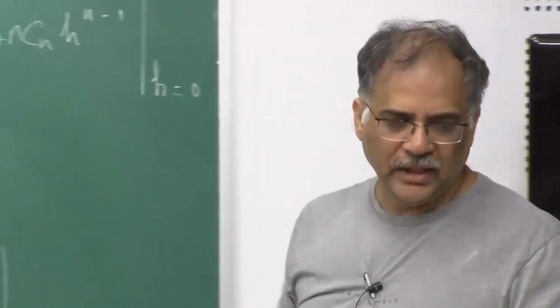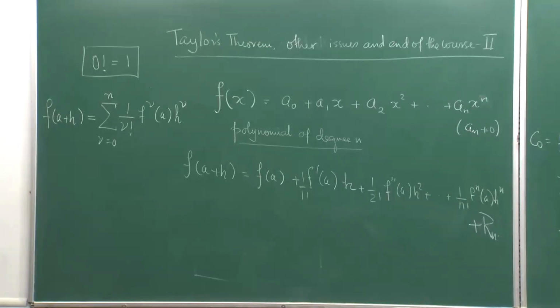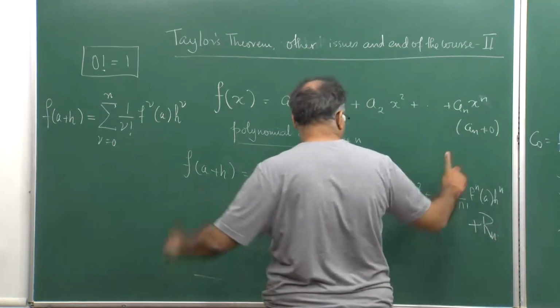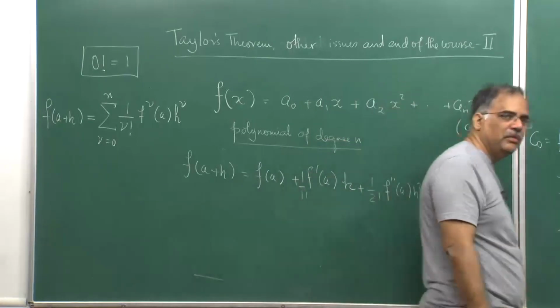So, Lagrange figured out that if there is the n plus 1th derivative, which need not be continuous, I can write the remainder term, f of a plus h minus this part, in terms of the n plus 1th derivative.